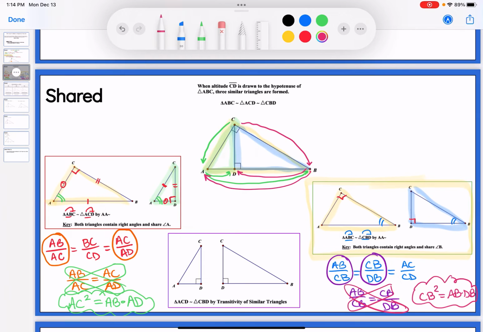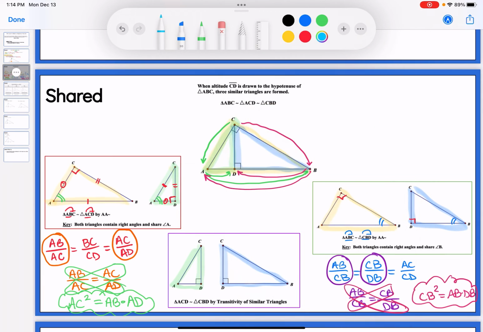So the last pair of similar triangles we have is not the whole triangle this time, but the left little triangle compared to the right little triangle. Now, if the left one is similar to the big one and the right one is similar to the big one, then the left one must be similar to the right one. So that's what we mean by the transitive property. But same idea, right? So I can come up with all of these ratios again.